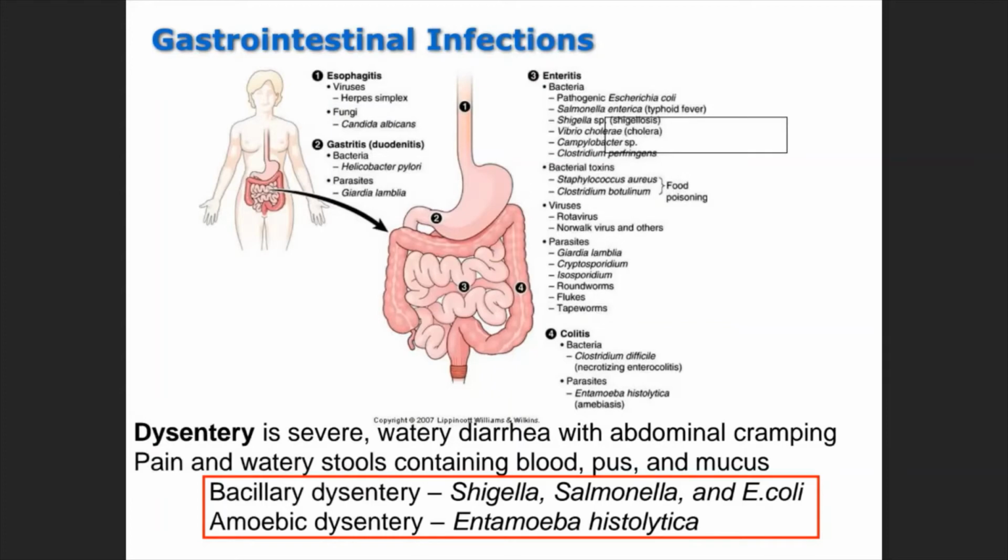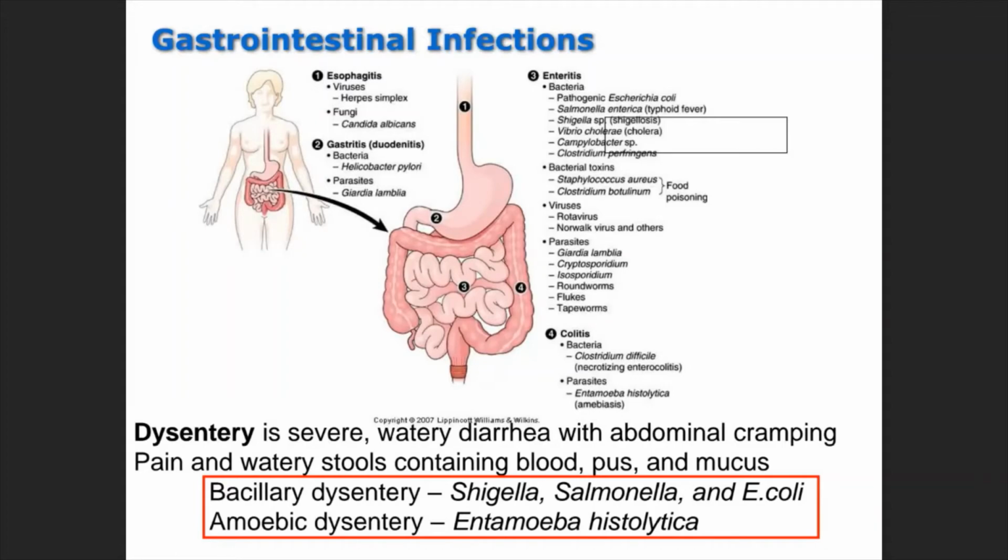All right. Now, typically, bacteria that invade the GI tract, a lot of these are gram-negative bacteria. Okay.